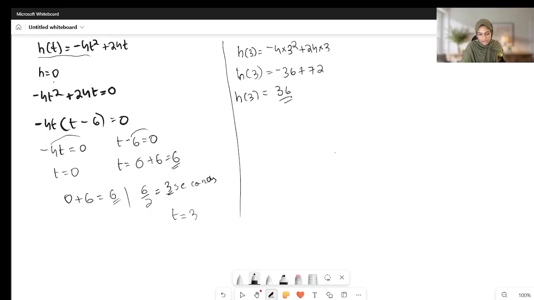So we found out that it reaches the ground in 6 seconds, and it reaches its maximum height at 3 seconds.